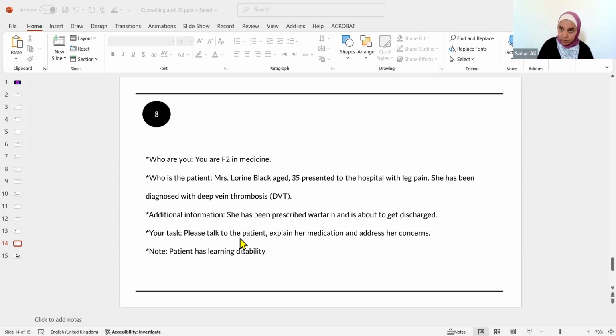Explaining a new medication to a learning disabled patient. So two approaches in one case. Explaining a new medication, so you have to explain the medication, and before you explain it, one of the most important points is checking the contraindications of giving this medication, all right?